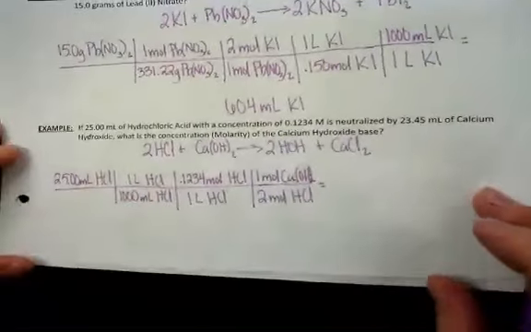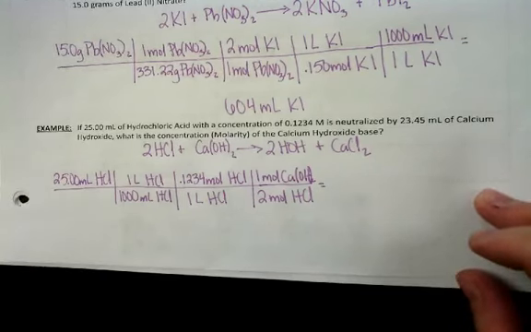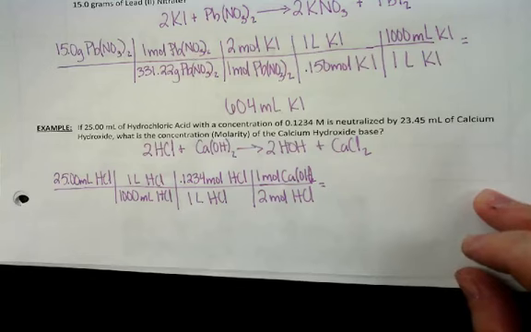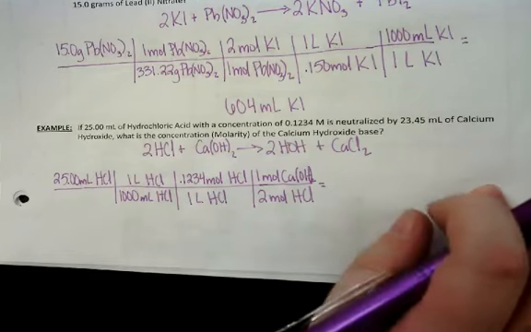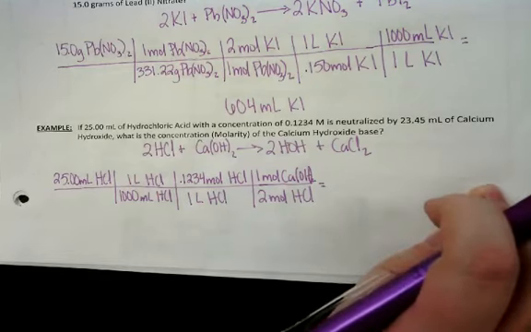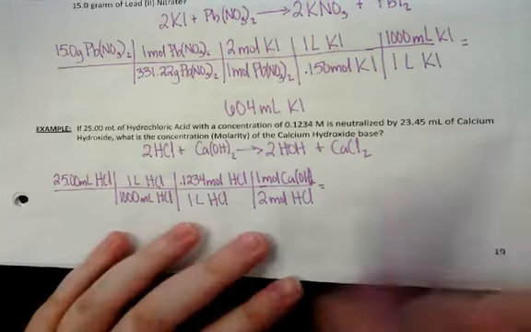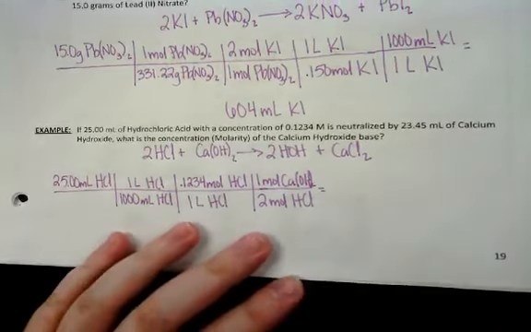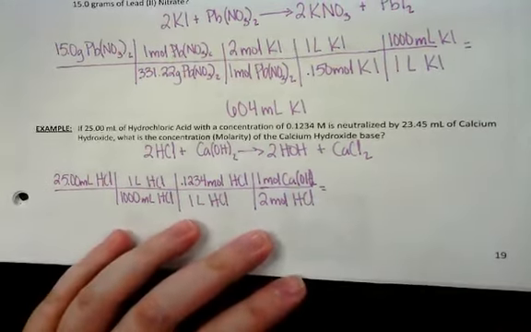So this is the end of our first step. Because we're solving for molarity, we cannot solve for molarity using just dimensional analysis, because molarity is moles divided by liters. So we'll go ahead and stop here and solve for moles.